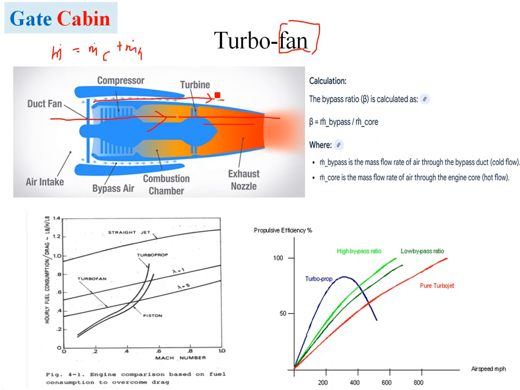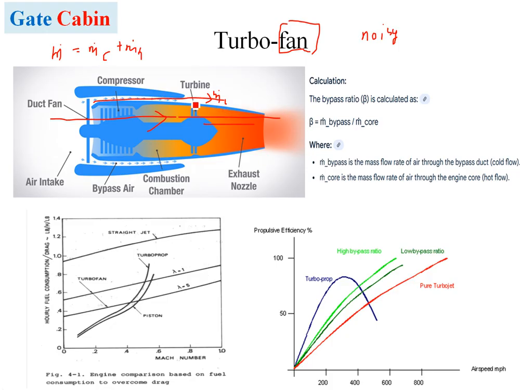This cold mass serves two or three purposes. Like we have seen, the jet engine is very noisy because the high temperature jet which exits into the atmosphere produces a large amount of sound.